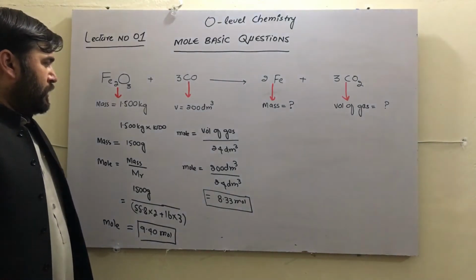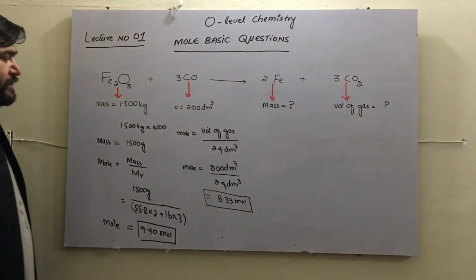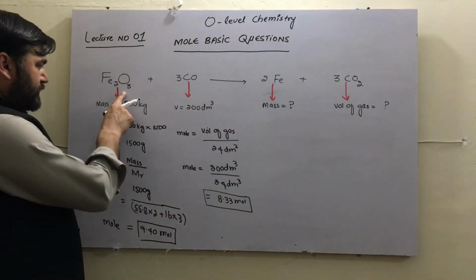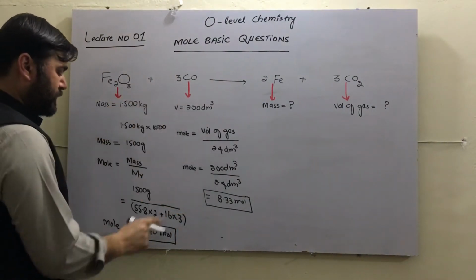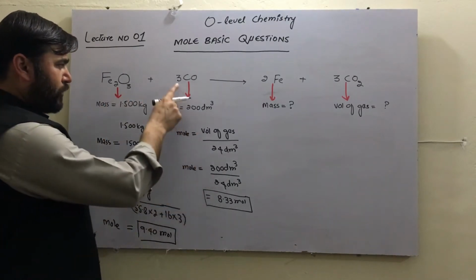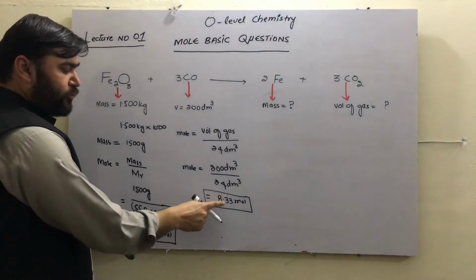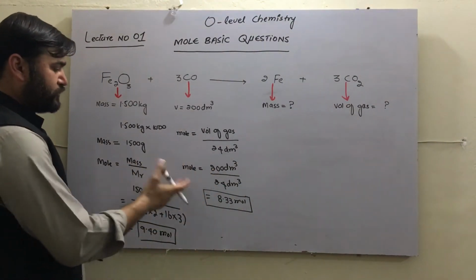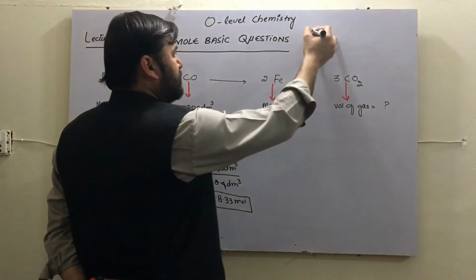Now how do we find which one is the limiting reactant among these two? We have found the mole of reactant A and reactant B: 9.40 of Fe2O3, and 8.33 of carbon monoxide. So what is a limiting reactant?